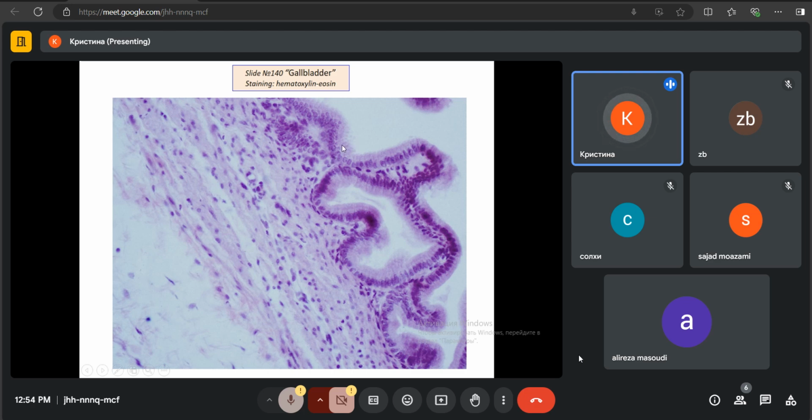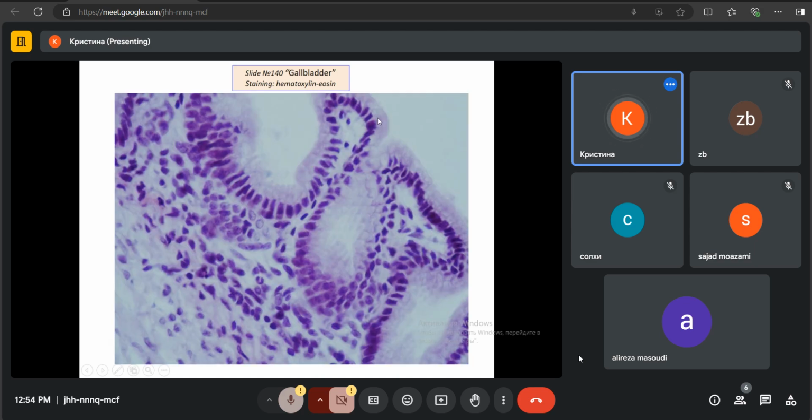In mucosa, we have the epithelium and lamina propria mucosa. Mucosa forms these arcades, bridging folds. Again, between the columnar epithelial cells with microvilli, there can be found some goblet cells, especially closer to the area where the duct starts.